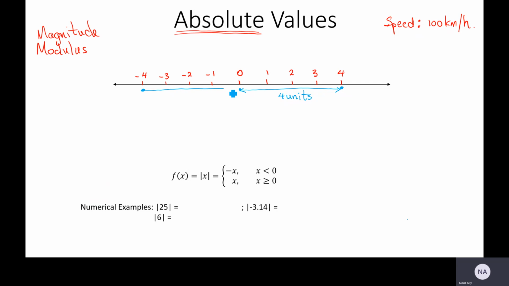From -4 to 0, that distance, its magnitude, is also 4 units. So irrespective of whether I look at +4 or -4, the distance from 4 to 0 is 4 units. The distance from -4 to 0 is also 4 units. And that's where we introduce the concept of absolute values.